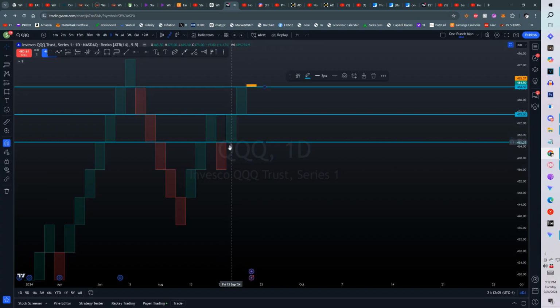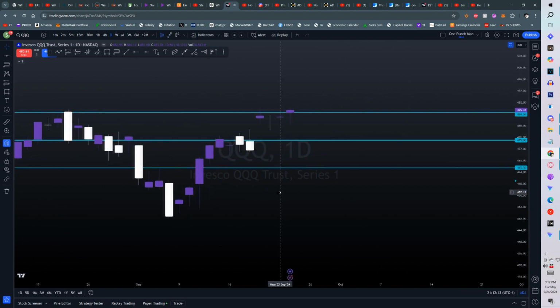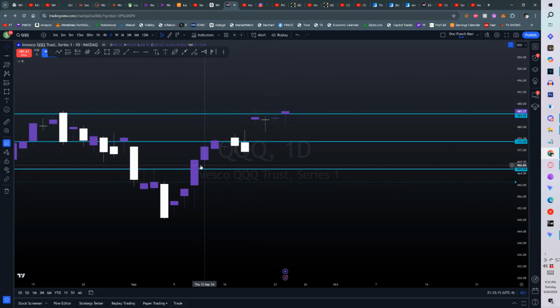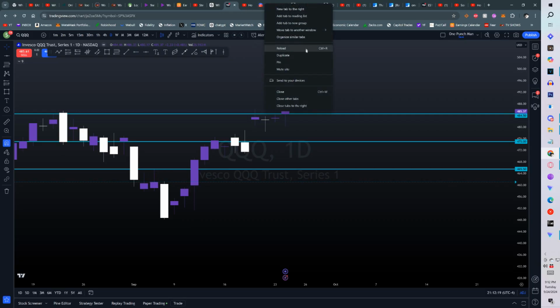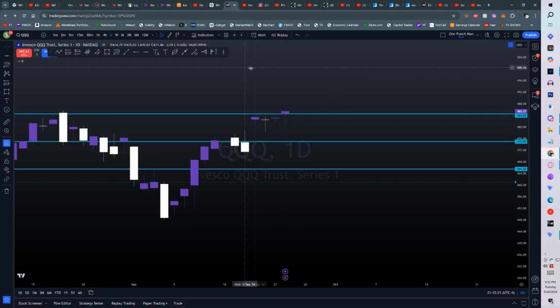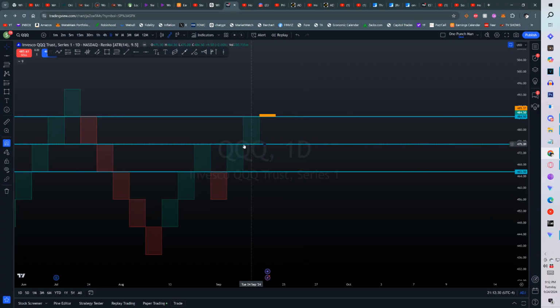In order for this to turn green, the stock has to close or come closer to up here. So the stock, let's say we're down here at the bottom, the stock has to come up to here before the next box is formed, right?